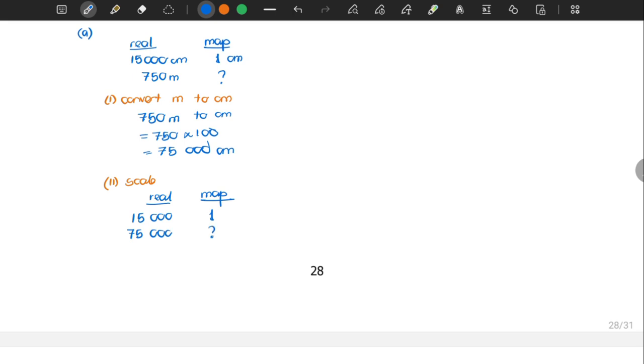We now need to know what that's on the map, which is more, right? So it's going to be 75,000 over 15,000 times 1. And then we divide 15 into 75, that's 5. So that's going to be 5 centimeters on the map.